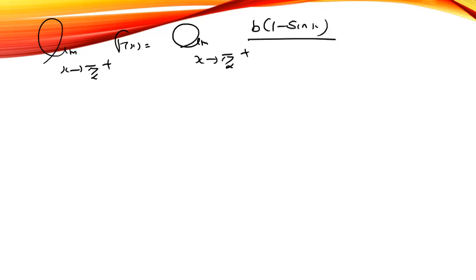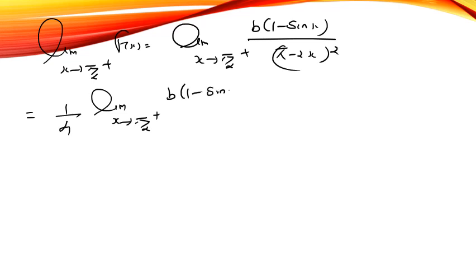Limit x tends to pi by 2 plus of f of x is equal to limit x tends to pi by 2 plus of b into (1 minus sin x) by (pi minus 2x) the whole square. You can take 2 outside, so it will be 1 by 4 into limit x tends to pi by 2 plus of b into (1 minus sin x) by (pi by 2 minus x) the whole square.